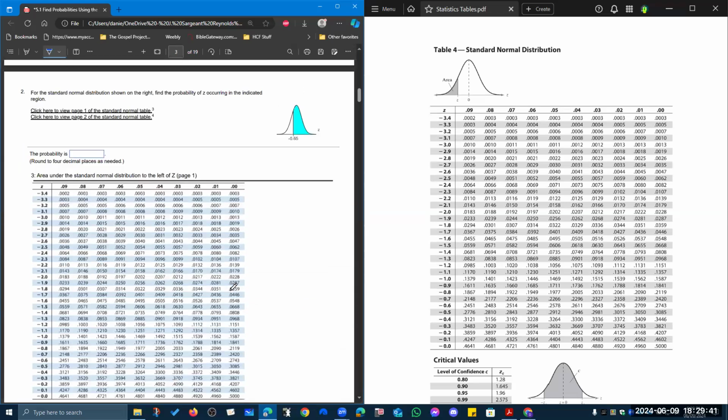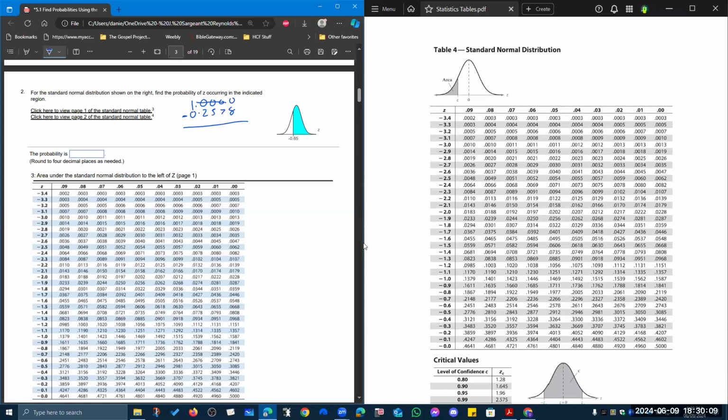Then we have the area to the right of negative 0.65. So this is going to be 1.0000 minus 0.2578.